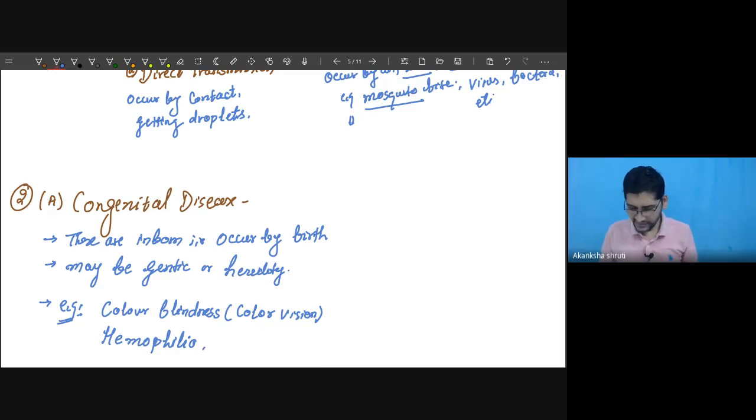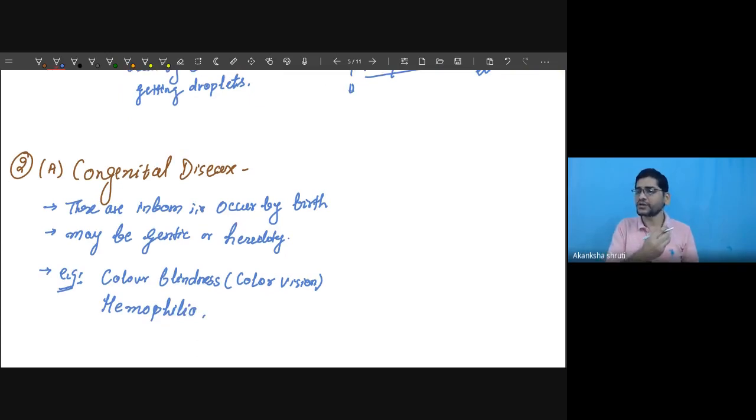There is another kind where the cells of the baby are not proper, called sickle cell anemia, where the cells have a sickle-like structure. Sickle cell anemia, etc. Many more are there. So these are the things we have to understand about congenital disease.